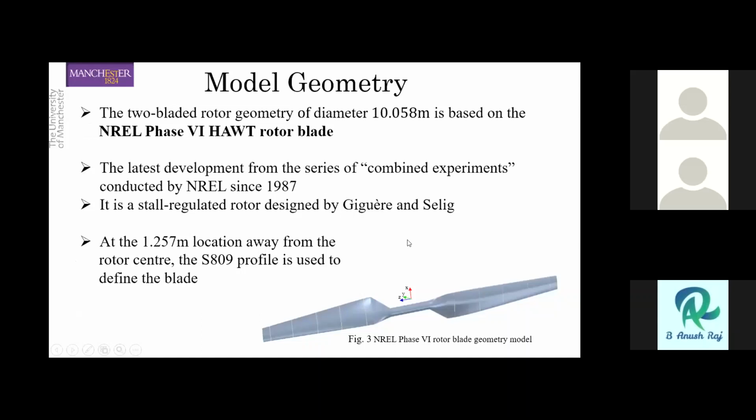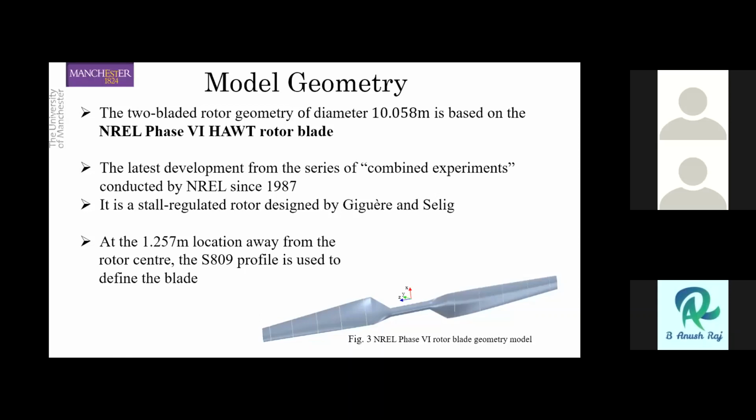The model geometry which has been used in this study is based on the NREL Phase VI horizontal axis rotor blade. NREL, the National Renewable Energy Laboratory, Phase VI wind turbine is the name given to the latest development from the series of combined experiments conducted by NREL since 1987.